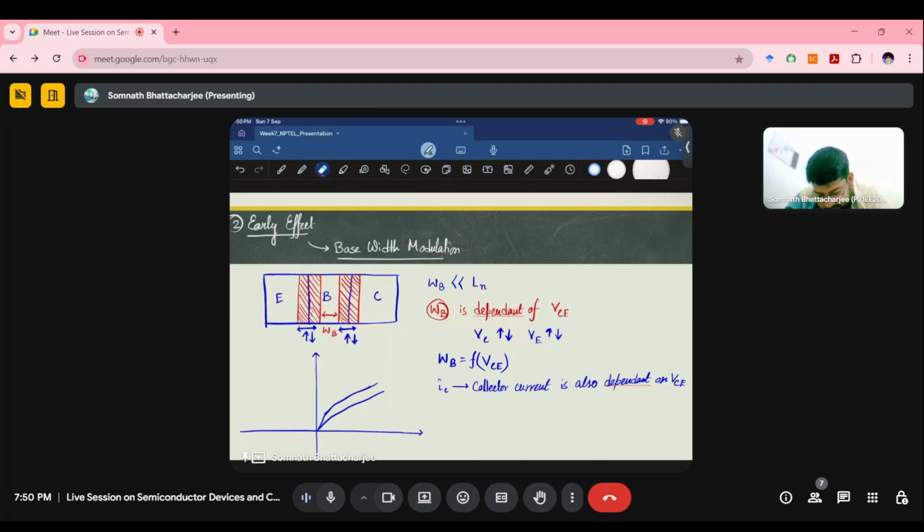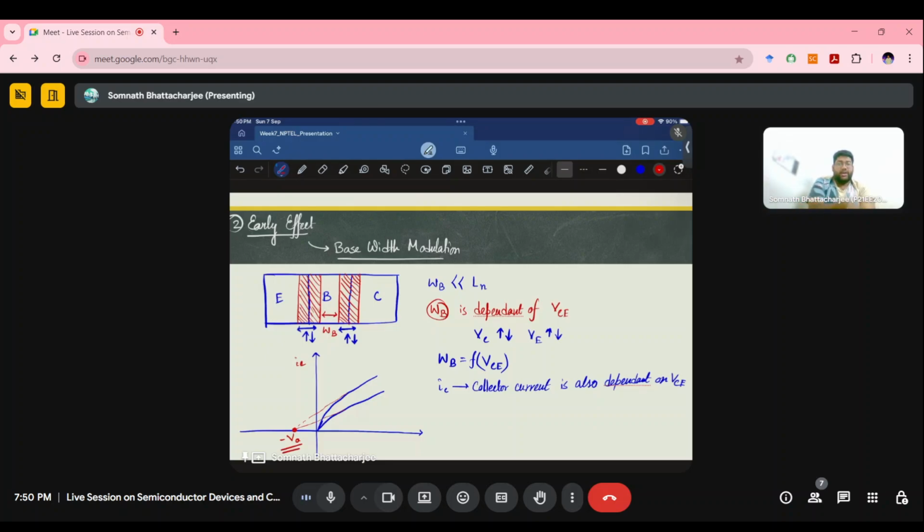These are not wavy patterns; they will be simple straight lines. So this is IC, and based on this, we can extrapolate these values, and all the extrapolated output currents will meet at a certain point, that is minus VA, let's say.